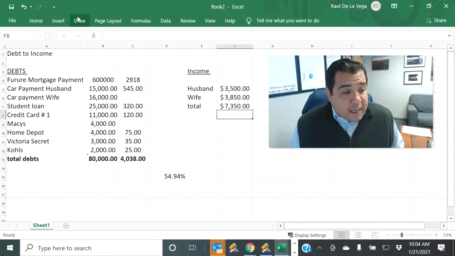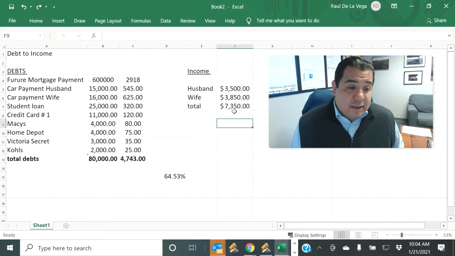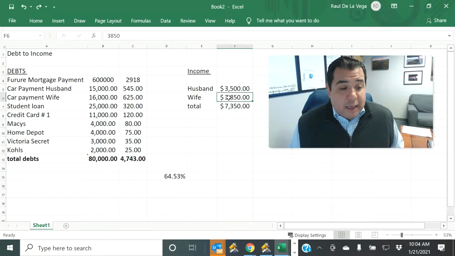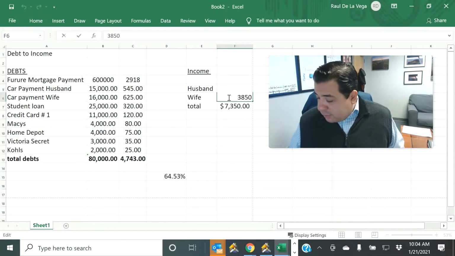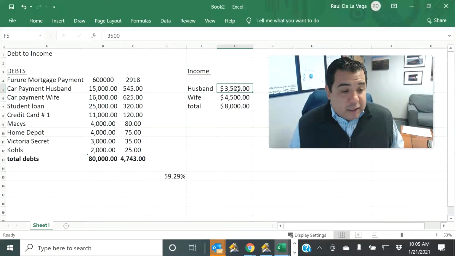Or let's say we go back, right? And you got these payments, and you're like, Raul, I'm getting a raise because I got a new promotion at work, and let's say she gets a raise to $4,500 a month because she got a new promotion, and the husband got a 3% cost of living increase.